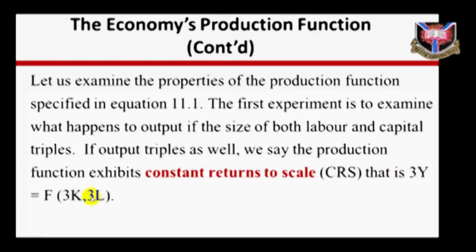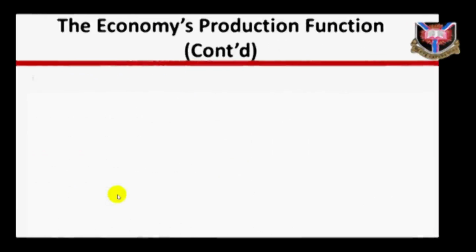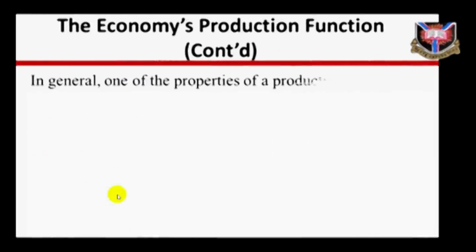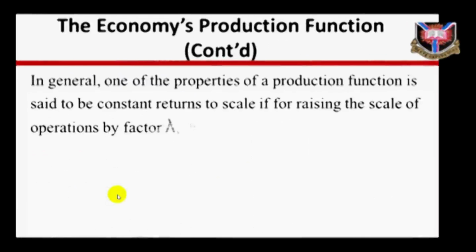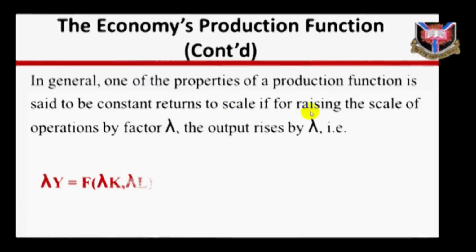In general, one of the properties of the production function is that it is constant return to scale: if, for raising the scale of operation by factor lambda, output rises by lambda. That is, lambda Y equals F of lambda K and lambda L.